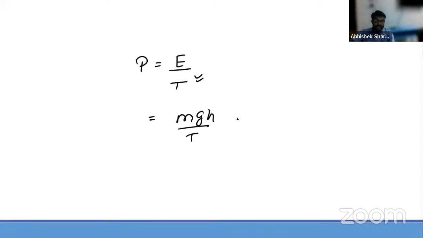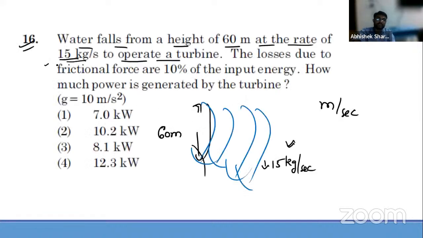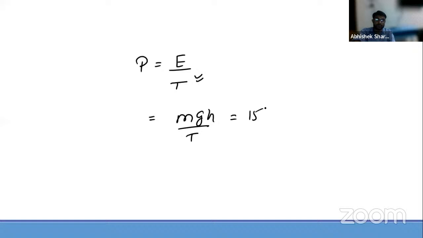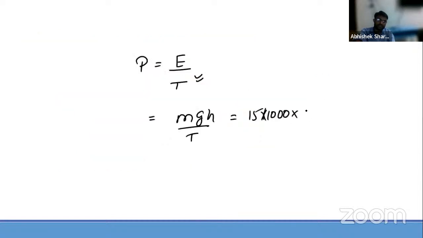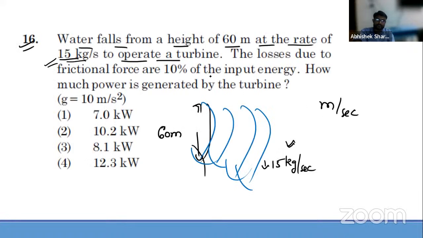If you see the units, just from the formula, m by t is the mass flow, 15 kg per second. Kg is 1000 grams, so it's grams per second. You can make it kg also, no issue. I'll find the answer very simply. 60 meter is the height, g is 10. And the loss is 10% of the input energy.